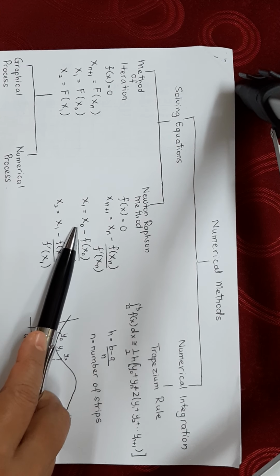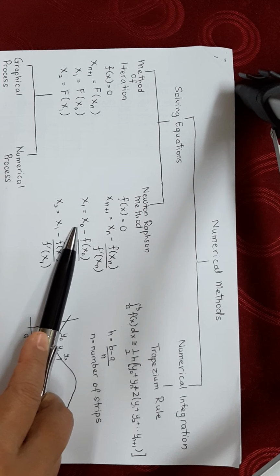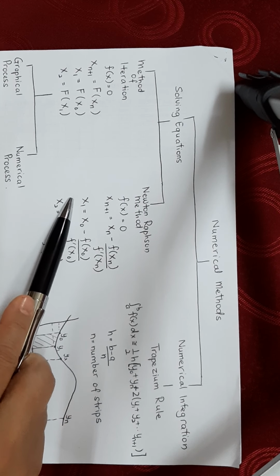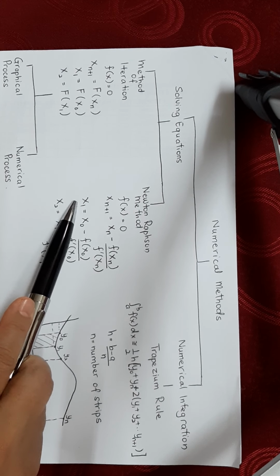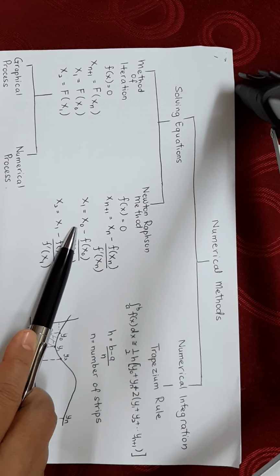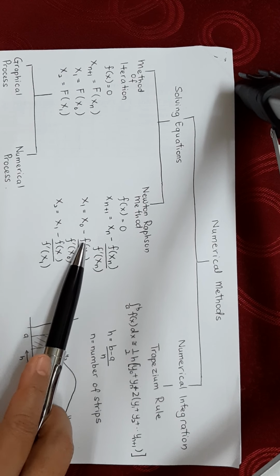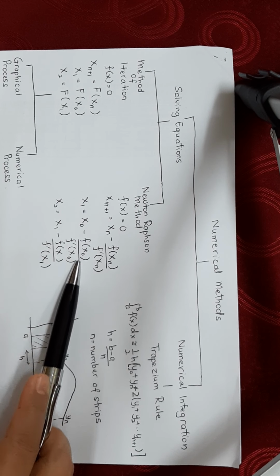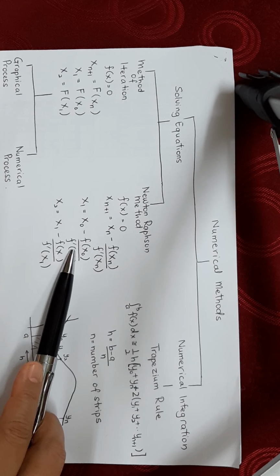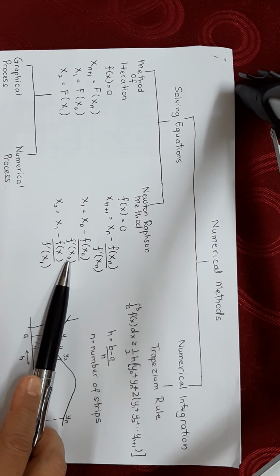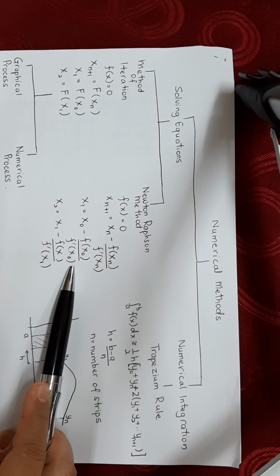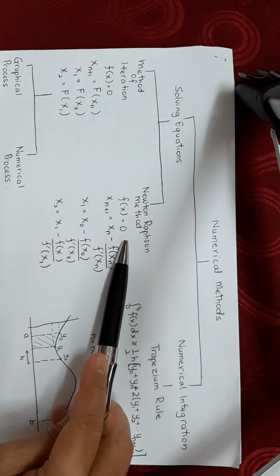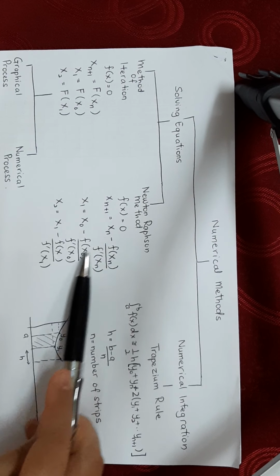Your first approximation will be your initial guess minus f with x naught substituted in, divided by f prime with x naught substituted in. Notice that using the Newton-Raphson method, you're going to have to differentiate the equation that you want to solve.